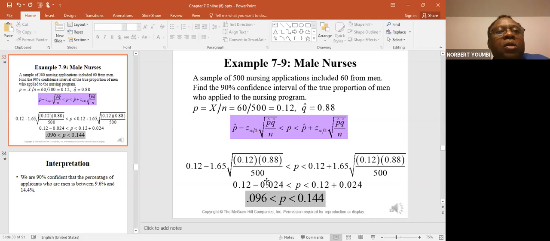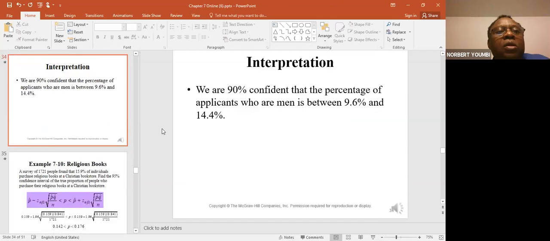So we replace it into the formula to get 0.096 less than or equal to p, less than or equal to 0.144. So that means we are 90% confident that the percentage of applicants who are men is between 9.6% and 14.4%.